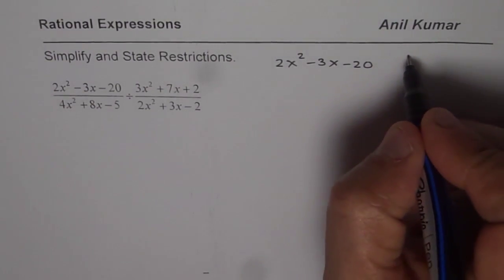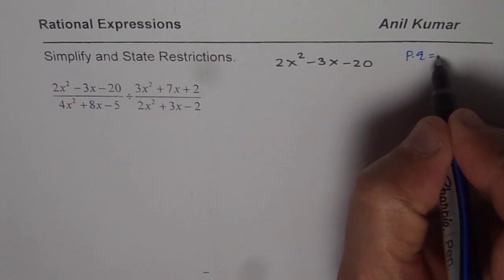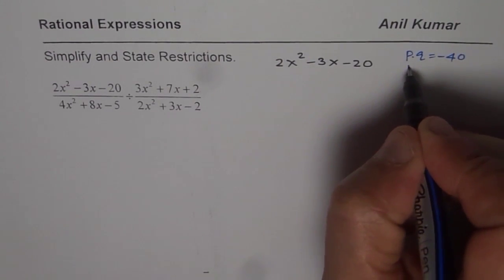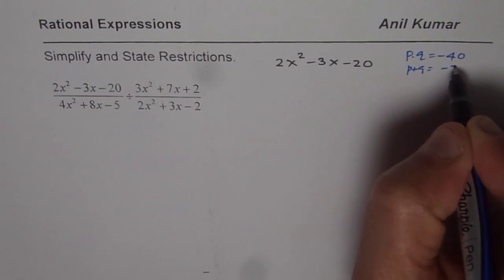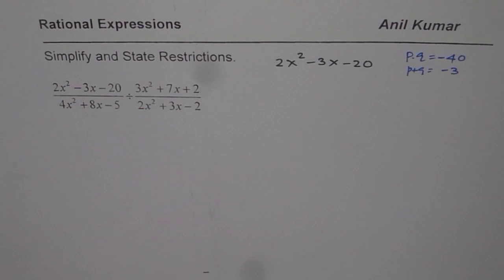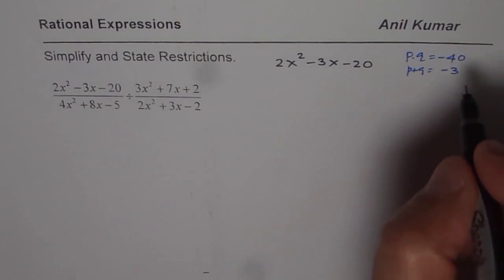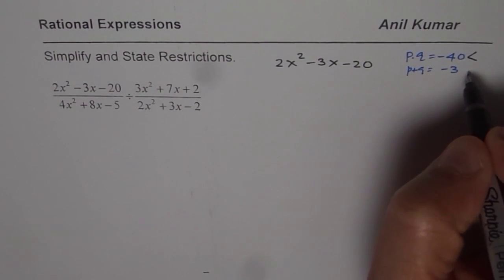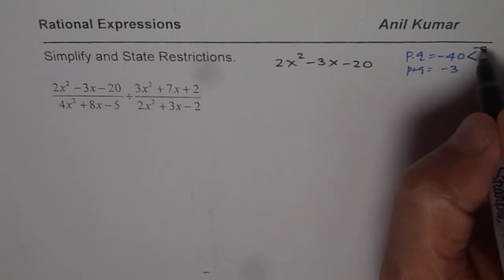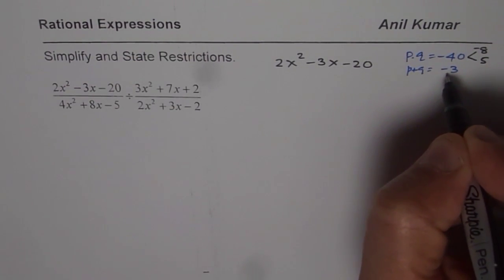So what we are looking for is p times q of minus 40 and p plus q of minus 3. So 8 times 5 gives us the magic combination, right? 8 should be negative and 5 positive, since we need the sum as negative.